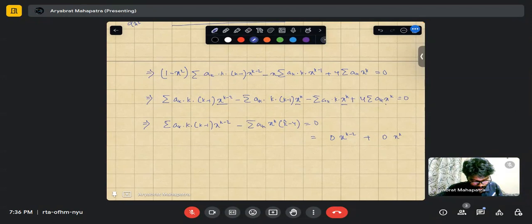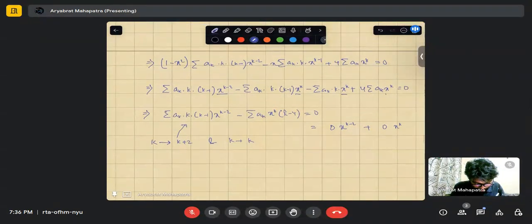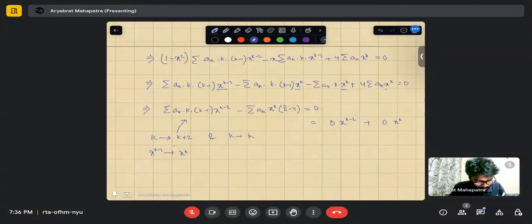One more thing I can do is substitute k with k plus 2, because when I substitute k to k plus 2 here, I am basically making x^(k-2) into x^k, and this remains the same for the second part.